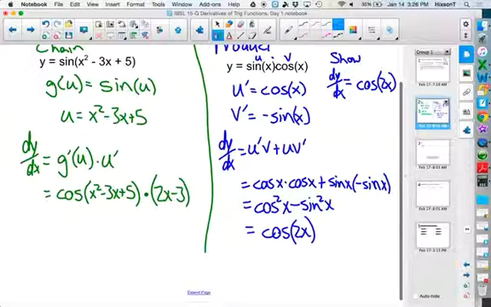Okay? So either one of those answers is correct. Yeah, if you were just doing this to find the derivative, I would take this cosine squared minus sine squared. That'd be fine. But don't be surprised if you got one that said, hey, show that it equals this. So you're having to do the derivative and then recognize the trig identity.